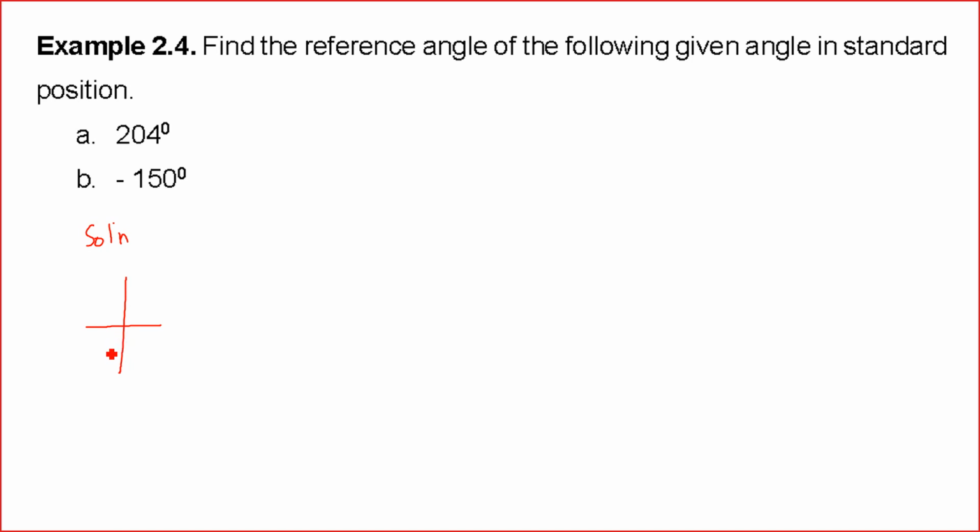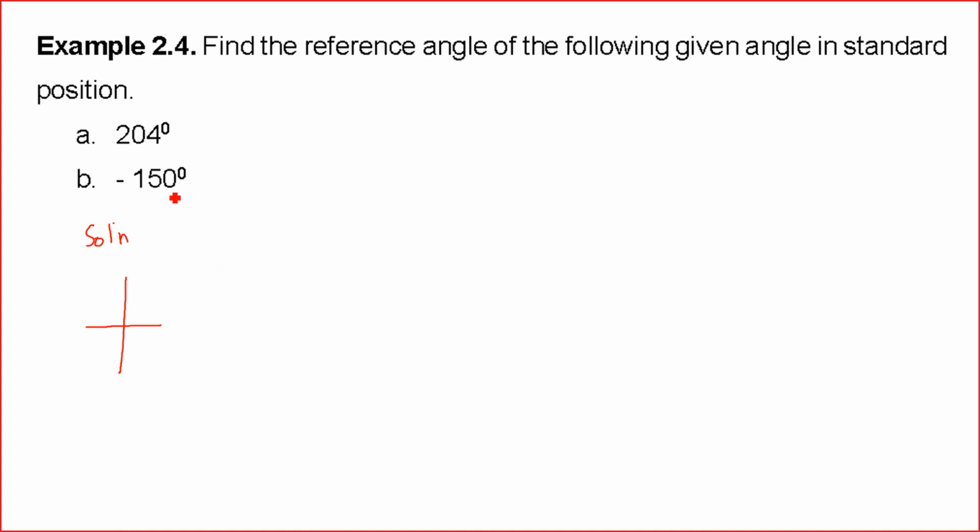Since this is in the third quadrant, to find the reference angle of 204, we have to subtract 180 from 204.